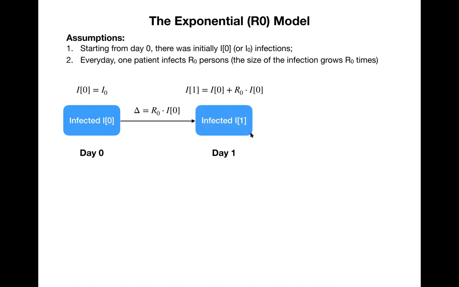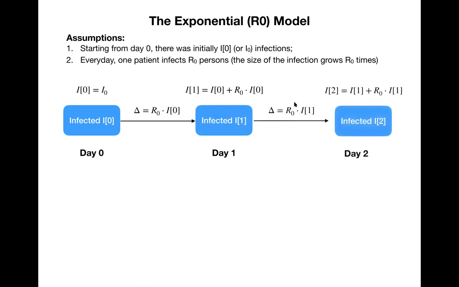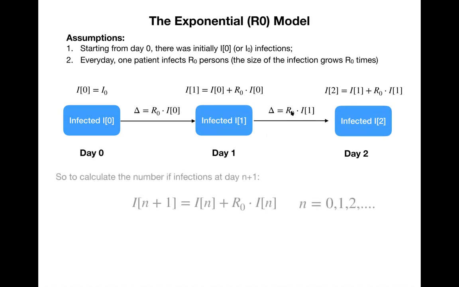So the same idea at day 2, you do the same reproduction, which is R0 times I1, and then you get day 2. So R0 here is a constant, which is also the growth of the model, right? If you look at this, you can get this recursive relation, where n is the day, starting from 0, 1, 2.